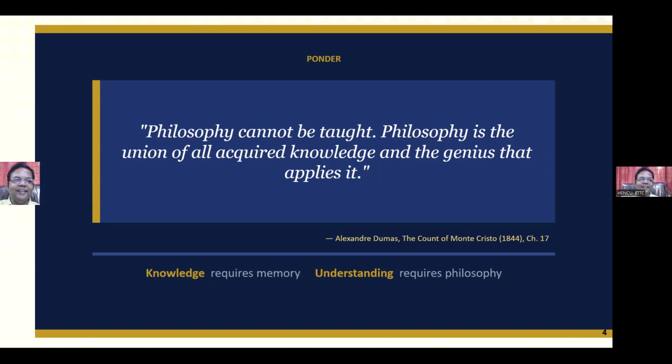The answer lies in the distinction Dumas is really pointing to. The difference between knowing principles and understanding how to apply them. In Hindustani classical music, a student of Khyal may spend years learning the grammar of a rag, its aroh, avroh, vadi, samvadi, and characteristic phrases.